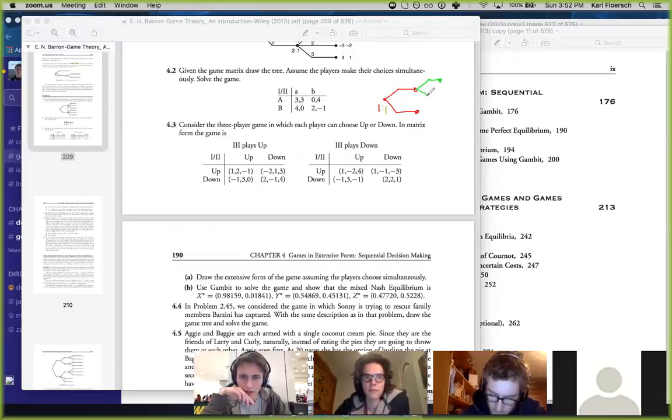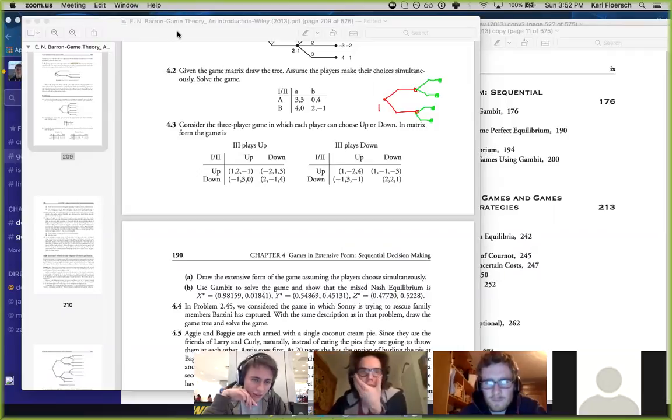Do you think these colors are going to make it more or less difficult to understand? I think it's going to be fine either way. Okay. So this is player 2's up or down choice, right? Yeah. And then we just have player 3, player 3's up or down choice.